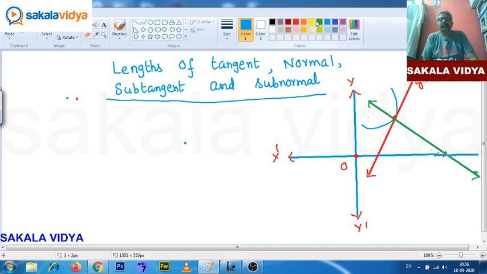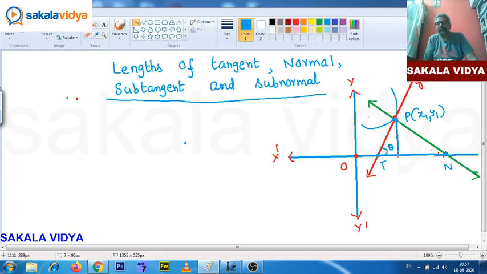This point is P whose coordinates are x1 comma y1, say this is T, and the tangent makes angle theta. Say this is Pn. Drop the perpendicular from here, I will draw the exact perpendicular.